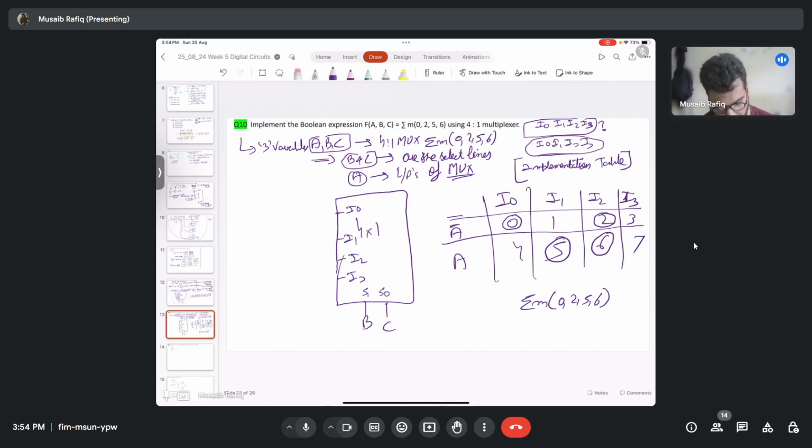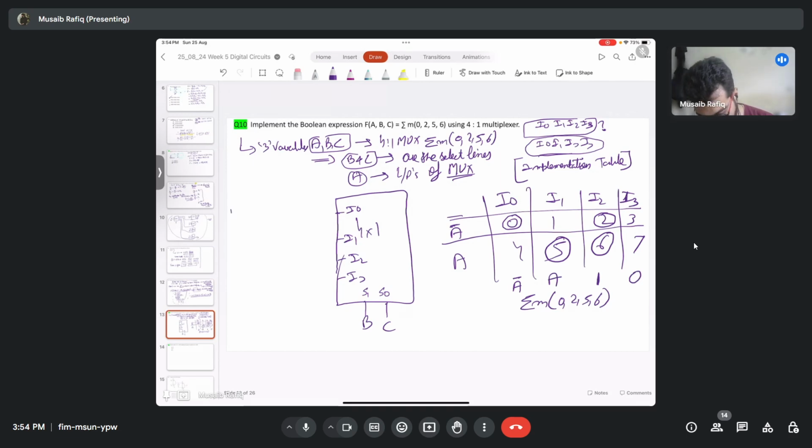Now I'll take a look at I0. In I0 only 0 is encircled and 4 is not encircled, and 0 corresponds to A bar, so I'll write A bar here. In I1 column 5 is encircled and it corresponds to A. In I2 column both are encircled, that means it is a 1, and in I3 column none of the terms is encircled, so it means 0.